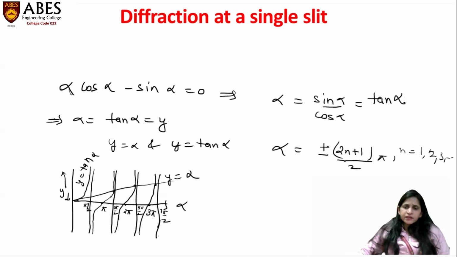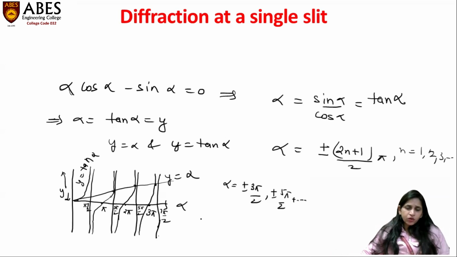It means the secondary maxima are forming at alpha equal to plus minus 3 pi by 2, plus minus 5 pi by 2, plus minus 7 pi by 2 and so on.